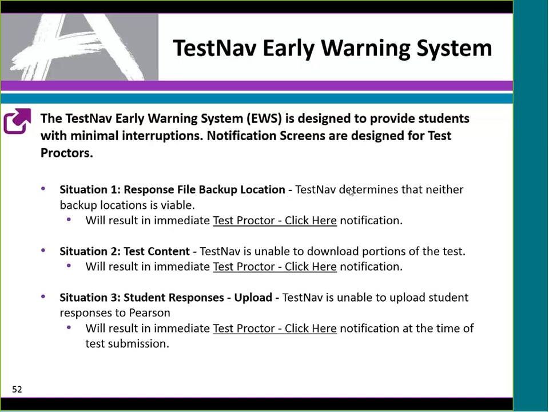So situation 1 is the response file backup location is not available. Typically what happens here is maybe a school left the defaults and didn't have a secondary, and maybe they have a PARCC user account set up, and that PARCC user account doesn't have permission to save in the profile area, which TestNAP needs for saving log files and saving the SRF file.